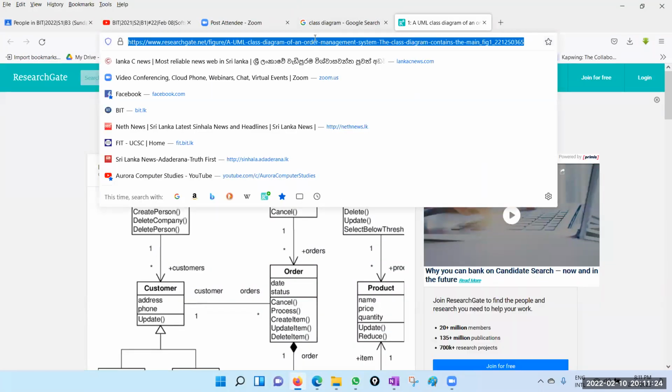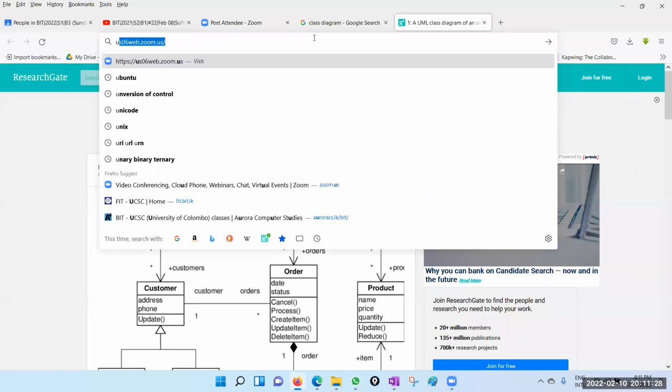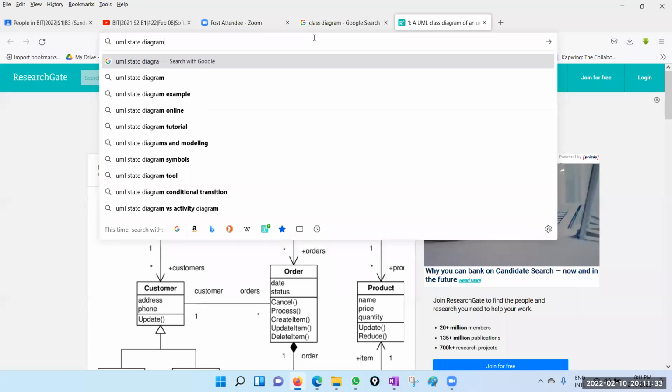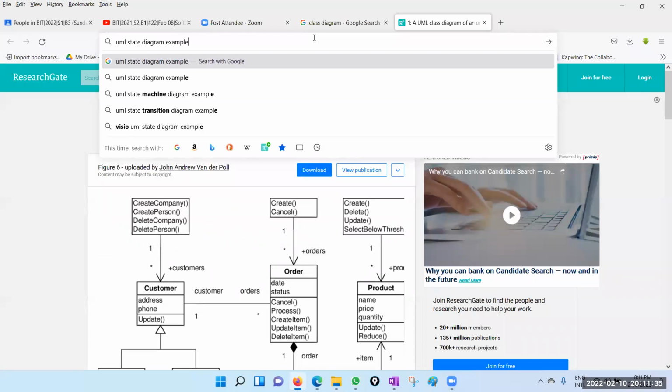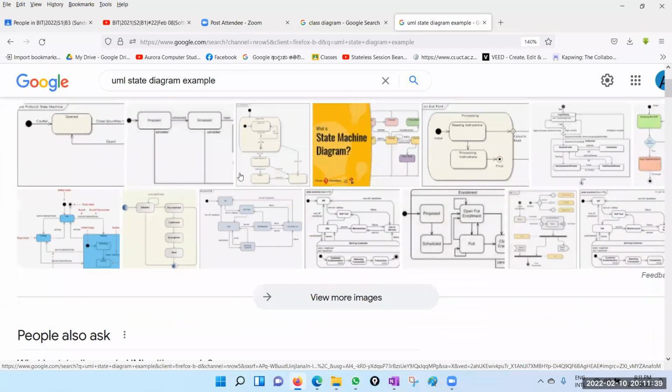There are so many simple state transition diagrams. If you do a search, say UML state diagram example, you will find much easier to understand state diagrams. Sometimes we call them state machines also.